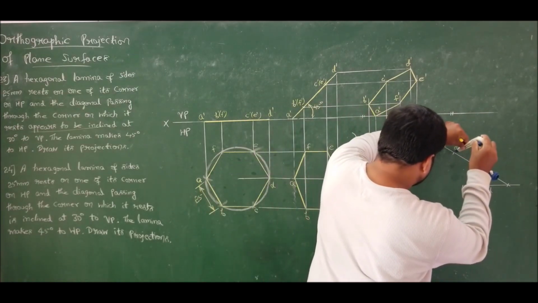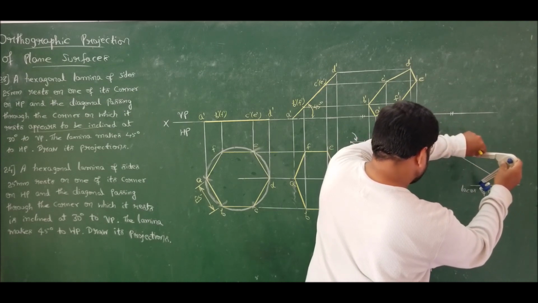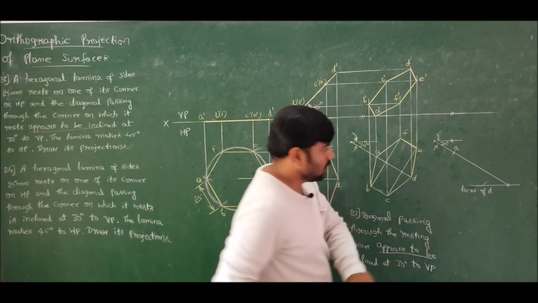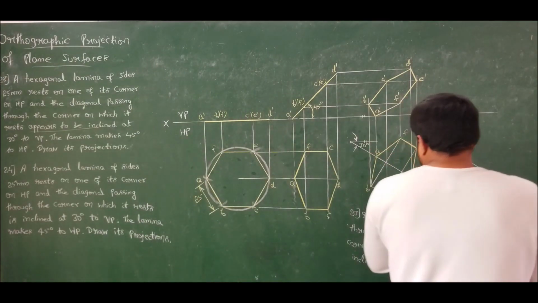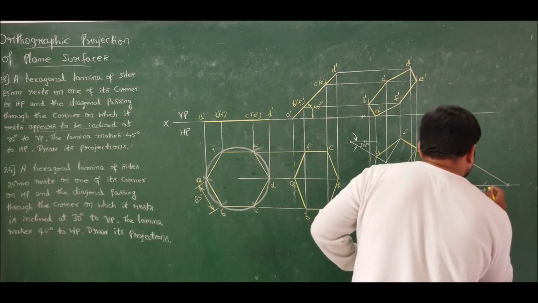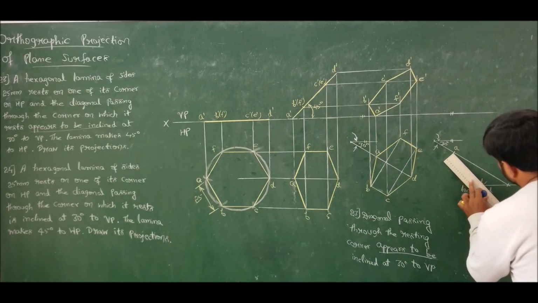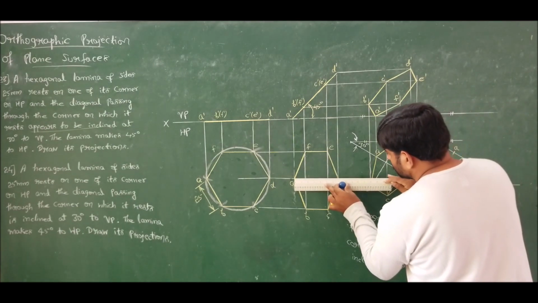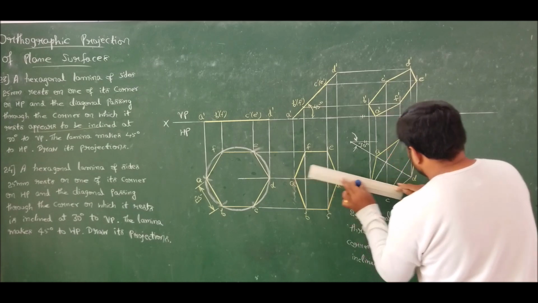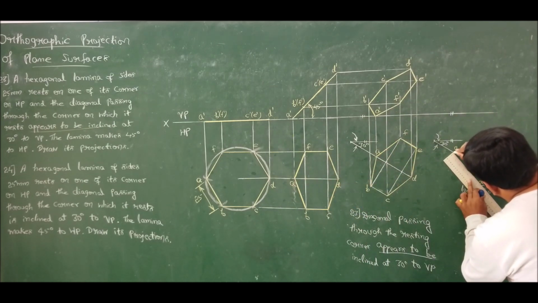Intersect this locus. Now join. So this is the required D for us. Now join AD.